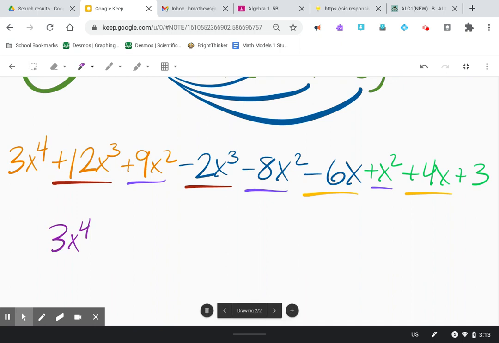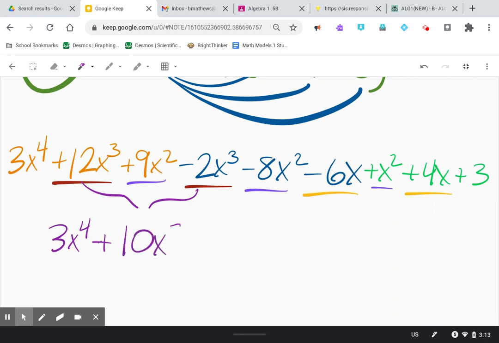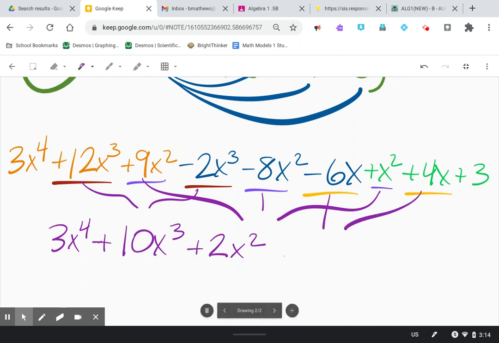Then my 12x to the 3rd and my negative 2x to the 3rd are going to come together to make 10x to the 3rd. Then my x squared terms are going to come all together, and they are going to make 9 minus 8 plus 1. That's going to be 2x squared. And then my negative 6x and my 4x are going to come together. That's going to make minus 2x plus 3.